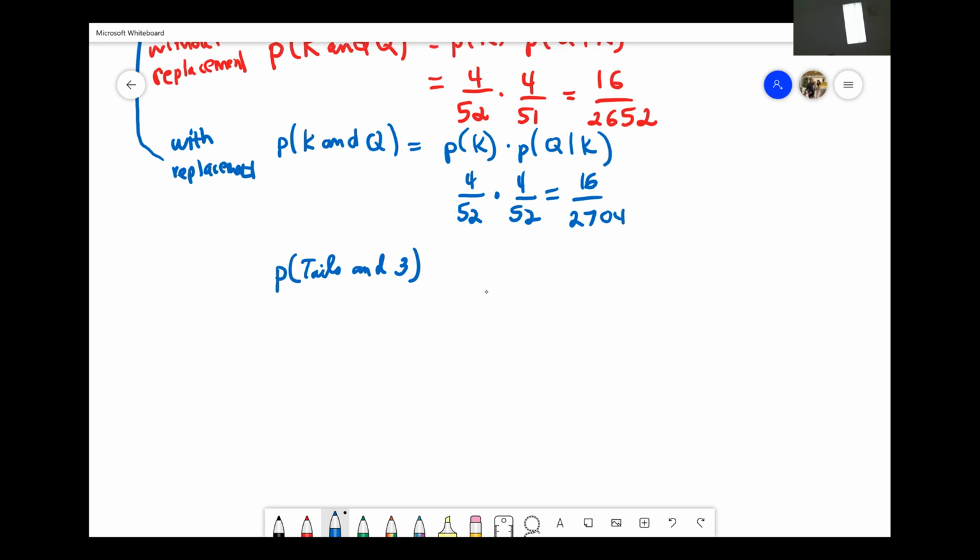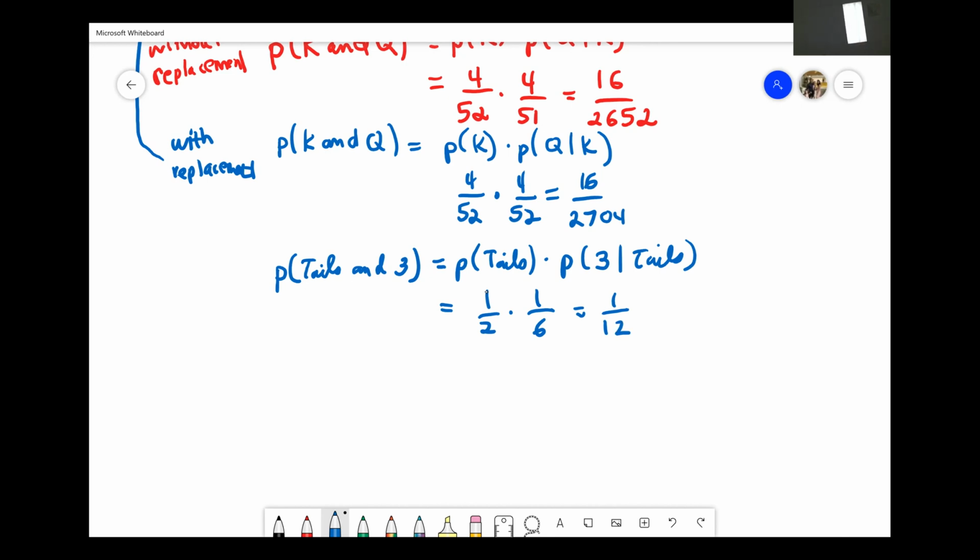The rule will say that there's going to be probability of tails, times the probability of 3 given I just flipped tails. What's the probability of tails? What's the probability of 3 given I flipped tails? So 1 out of 6. The events are independent, right? What's this going to come out to? 1 out of 12. You see it?